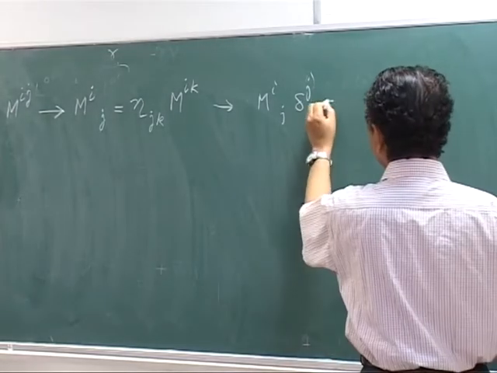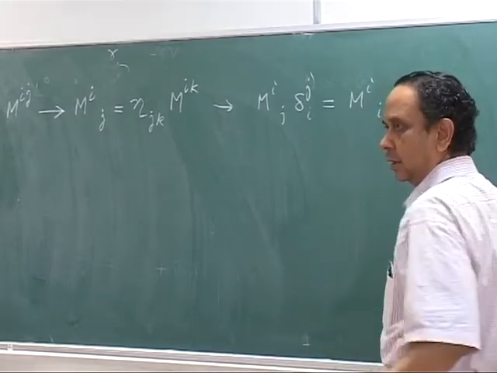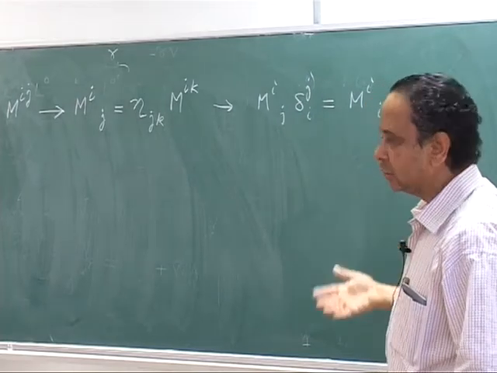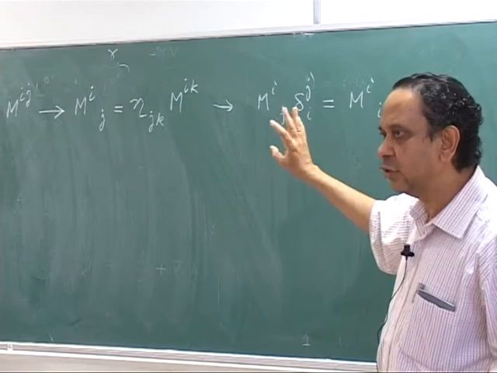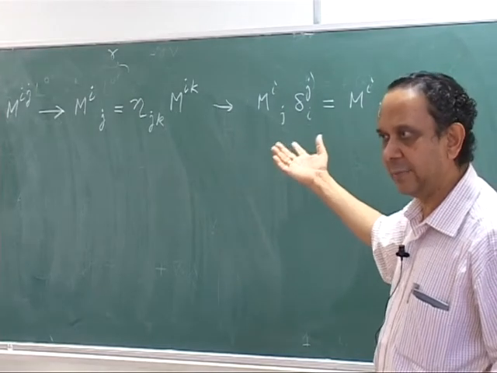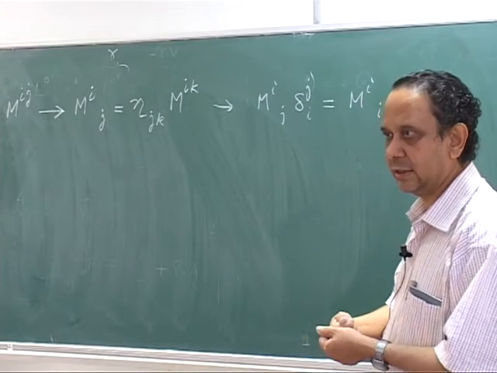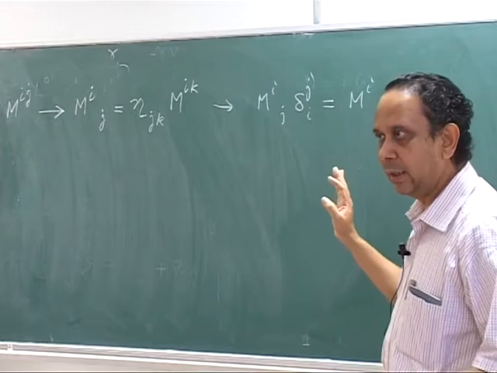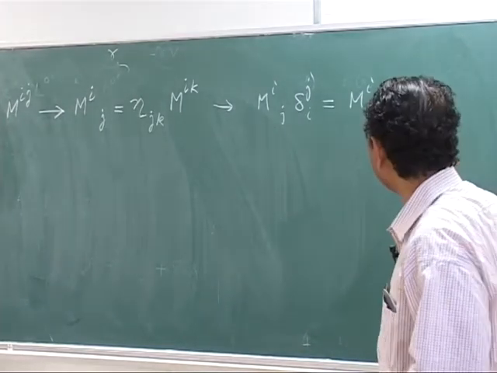This is nothing but M^i_i in notation, which is just summing over the diagonal elements of the matrix. So, it also goes under the name of taking the trace. If it is a 2-index object, it is obviously the trace of the matrix. If there are more than 2 indices, it is what is known as contraction. It reduces the rank by 2 because 2 of the indices just disappear. So, this is also an obvious thing which you can do.